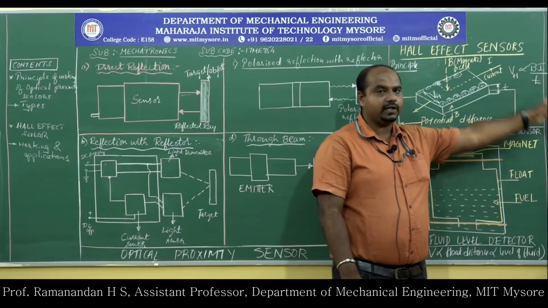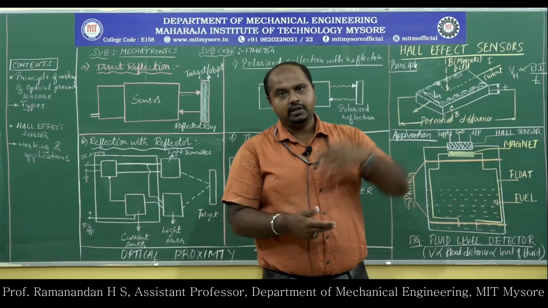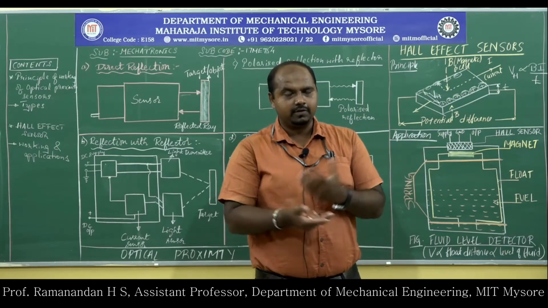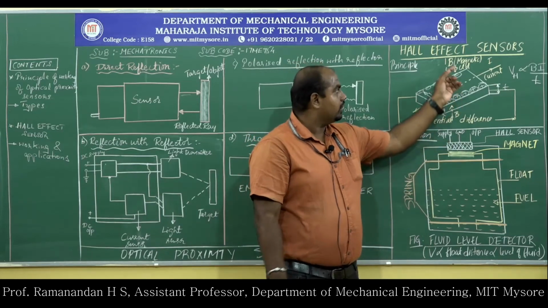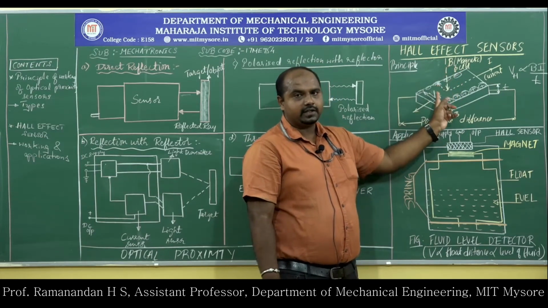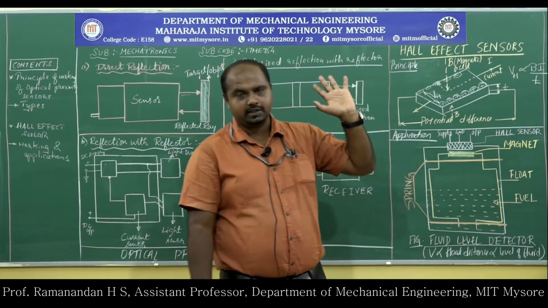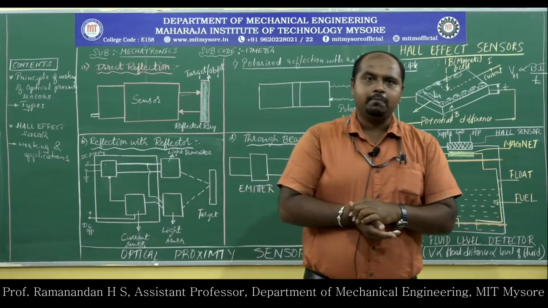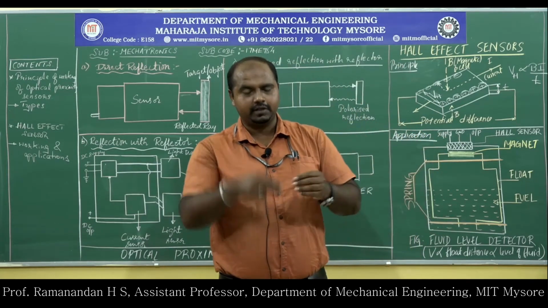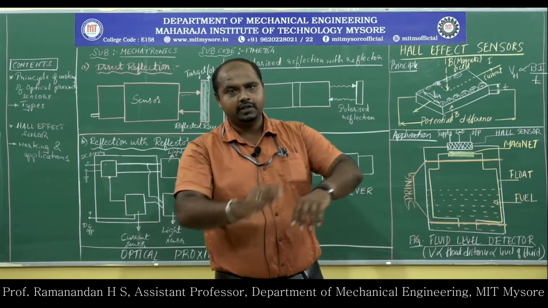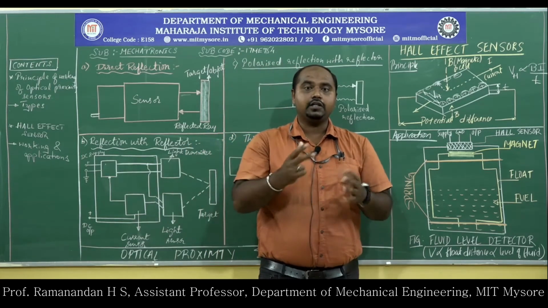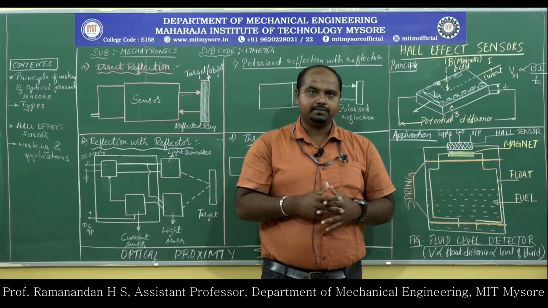If the current in amperes is too high, your potential difference is also high, obviously from Ohm's law; it is directly proportional. So the intensity of the magnetic field will decide the potential difference of any object. This principle can be employed anywhere. Whenever I repeat the statement: deflection of path of charged particles under the influence of a magnetic field.